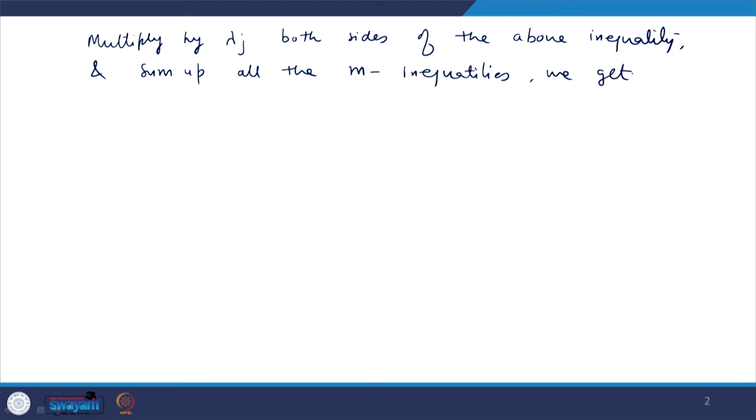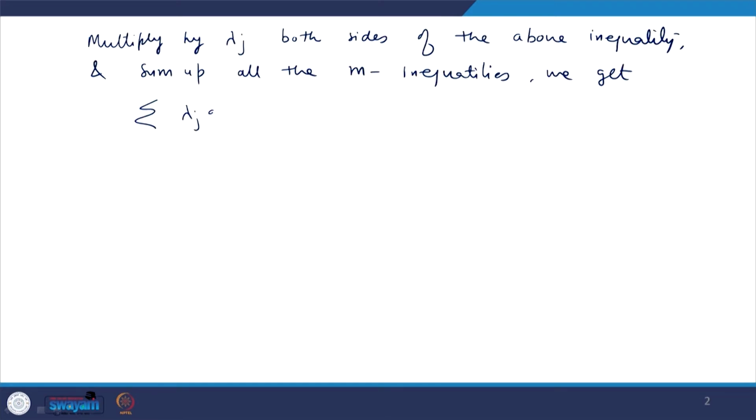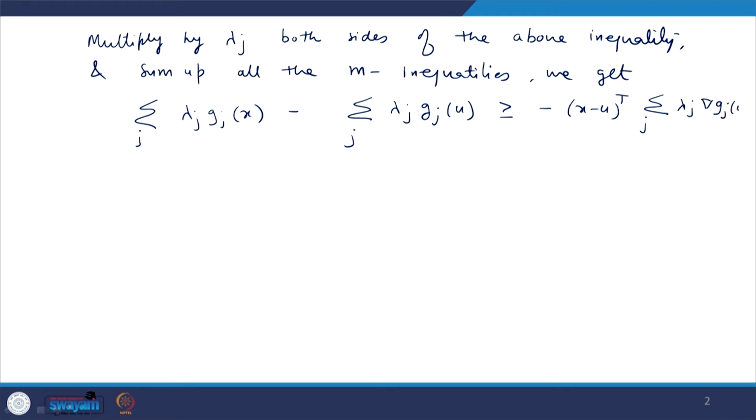So, now what will we obtain? Summation over j of lambda_j g_j(x) minus summation over j of lambda_j g_j(u) is greater than or equal to minus (x minus u) whole transpose summation over j lambda_j gradient of g_j(u).